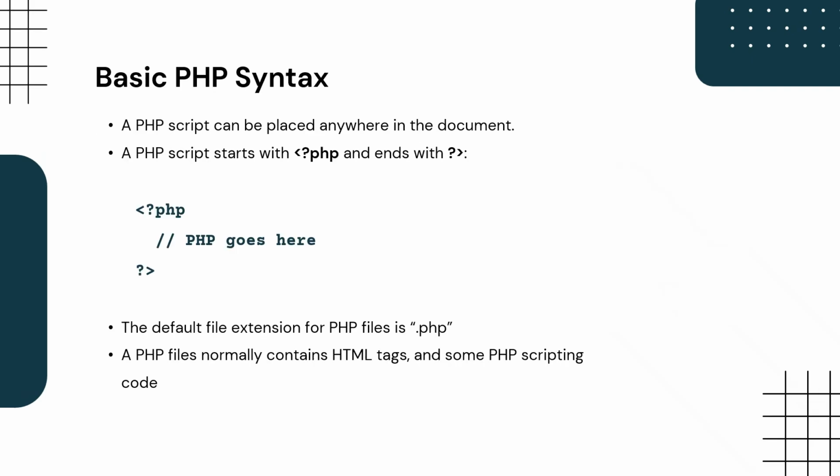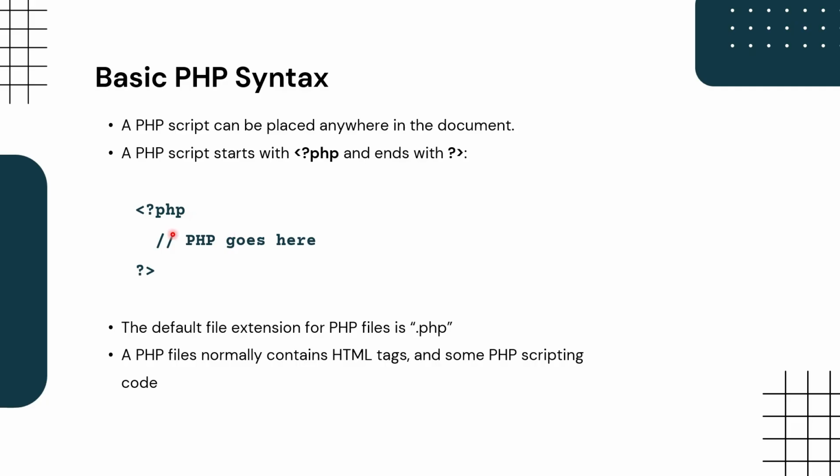So now that we understand the basics of what PHP is and why it needs a server, let's look at some of the basic structure of a PHP script. Now, a PHP script begins with a less than sign and then the question mark and then PHP, the letters PHP.